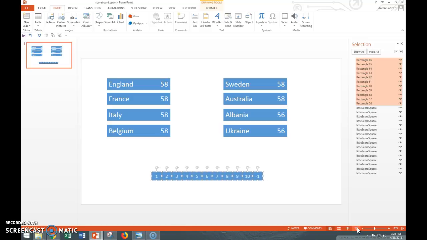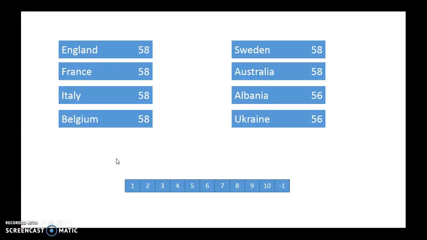Alright, now when I run this, be careful, because the thing about this is when you run the presentation, there's no increment set until you click one of these shapes. So I don't even know what would happen if I clicked one of these. There's no increment set. So if I click it, nothing's going to happen.